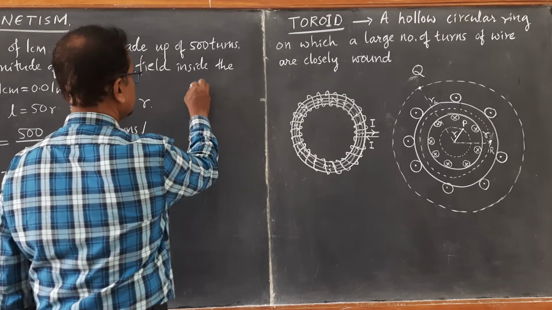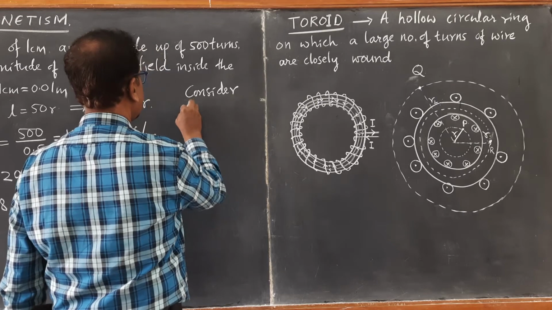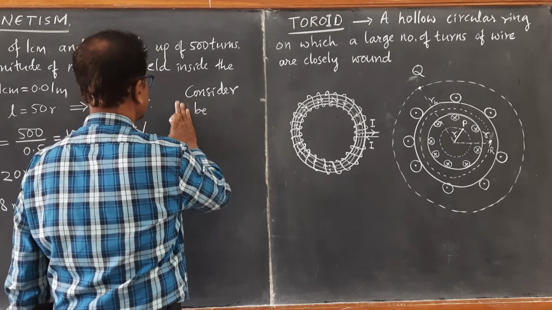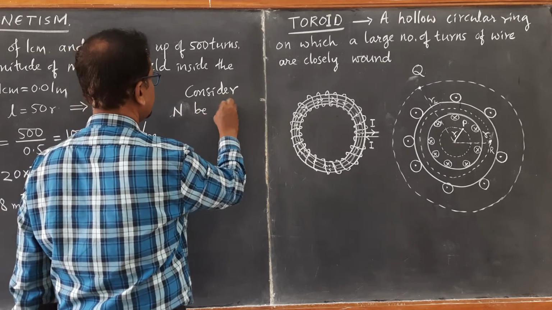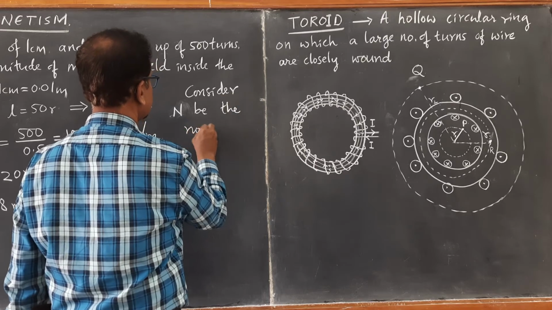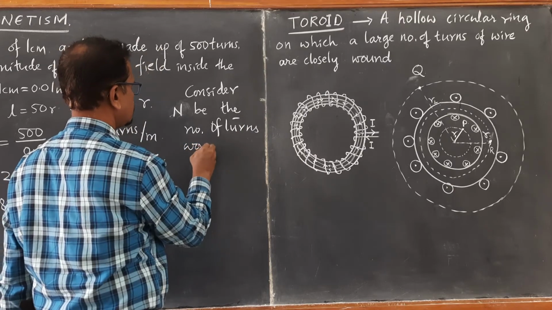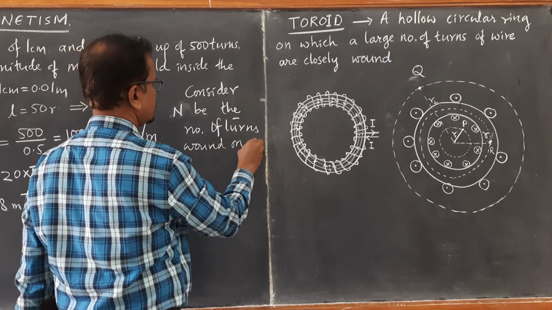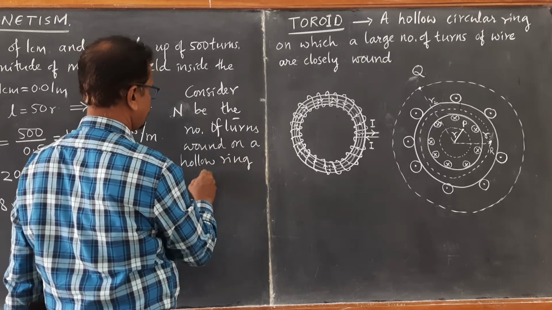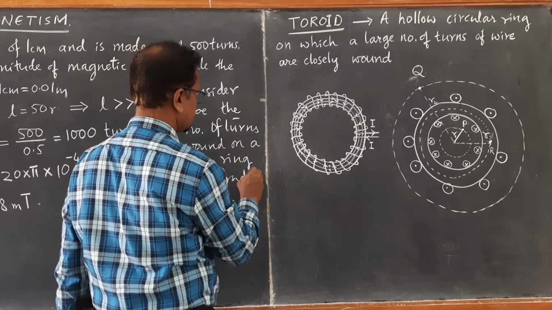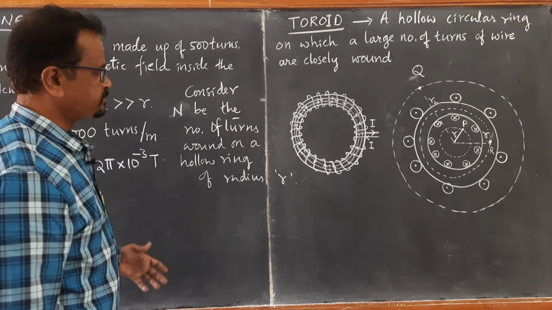So, here consider N be the number of turns wound on a hollow ring of average radius small r, right?